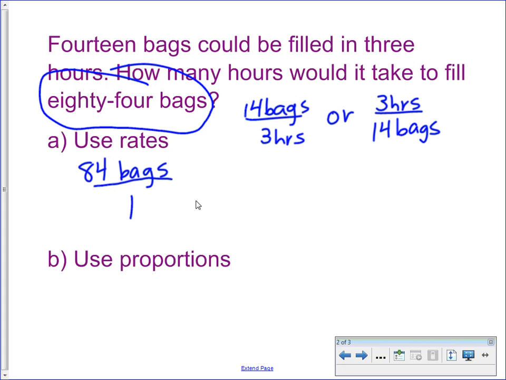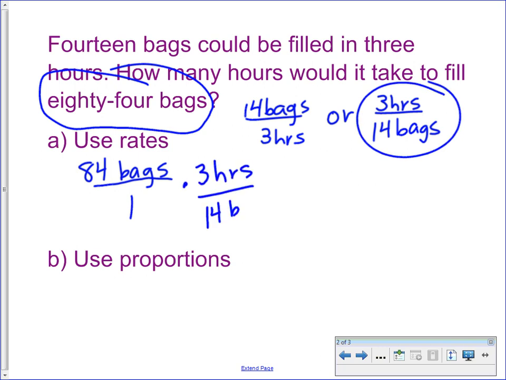We're going to do 3 hours over 14 bags. Nice. 84 times 3 hours over 14 bags, because bags is in the denominator, so it cancels. Anybody know how many times 14 goes into 84, Kendra? 6. Good. 14 goes in 6 times. So 6 times 3 gives me 18 hours.